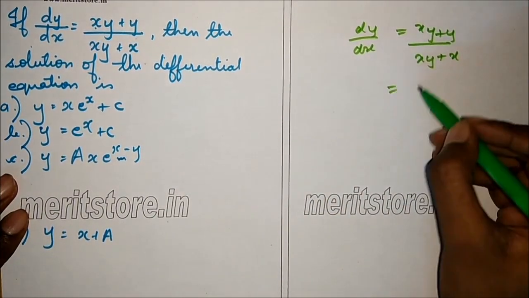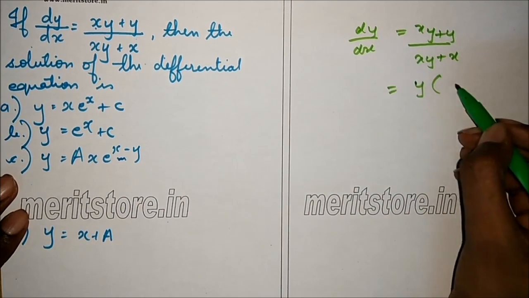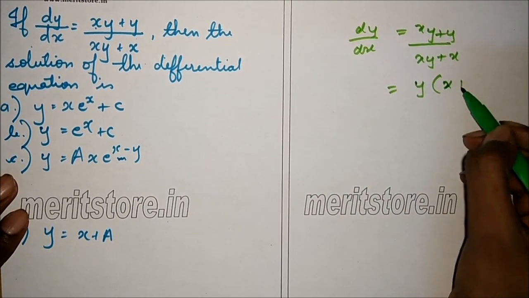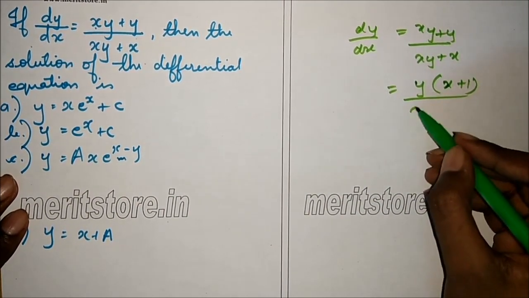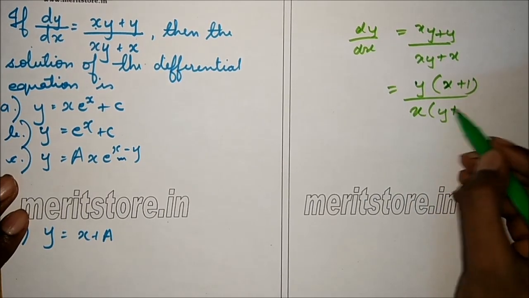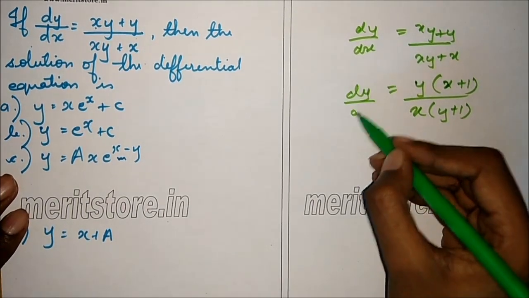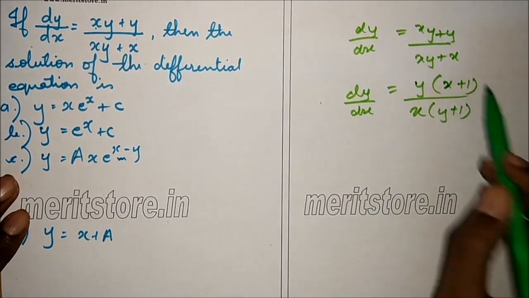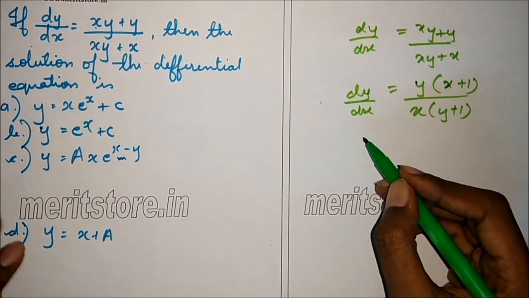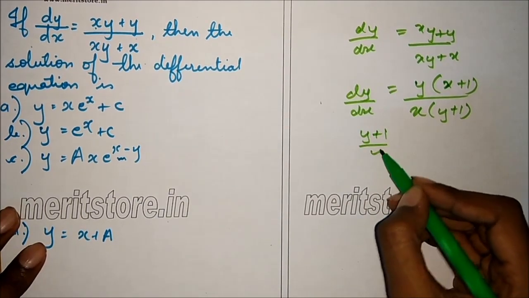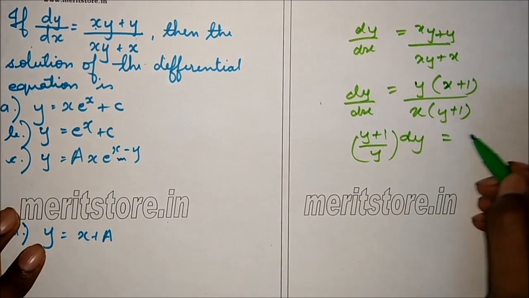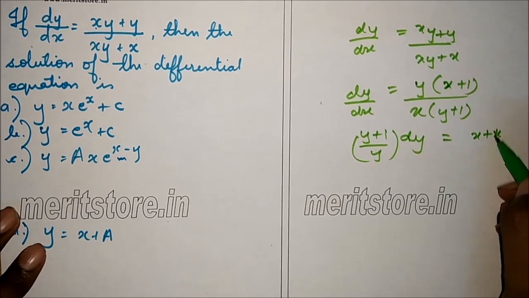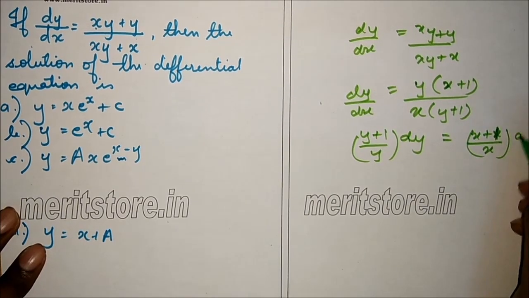So first we take y common from the numerator, that is y into x plus 1, and x common from the denominator, that is x into y plus 1. This will be dy upon dx. So shifting y terms on one side and x terms on the other side, this will be y plus 1 by y into dy equal to x plus 1 by x into dx.